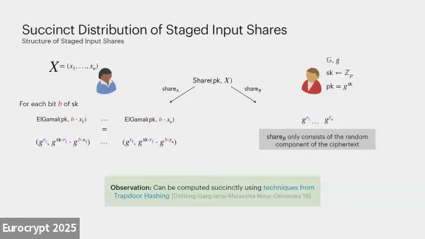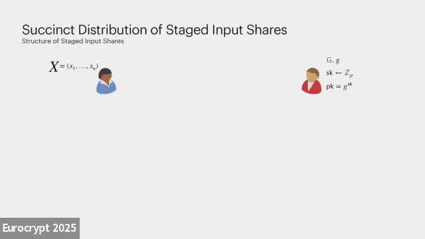So our key observation is that we can actually compute this function using techniques from trapdoor hashing. And so let me show you how. The goal, as we just saw, is for Alice to get ElGamal encryptions of a bit of the secret key that Bob has, times her input.